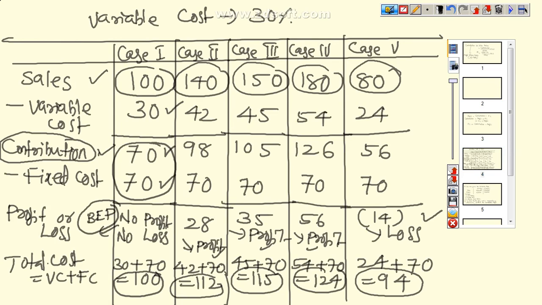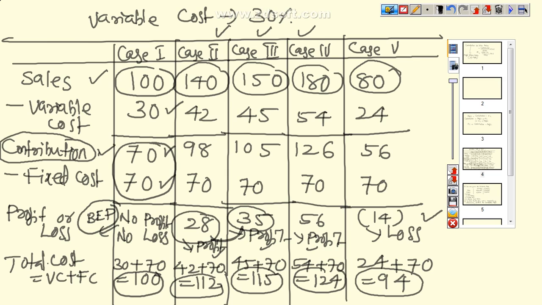Here, the difference between, suppose case 2 and case 3, I am getting profit. Here it is 28 and here it is 35. So the difference between these two is 35 minus 28, which is equal to 7.